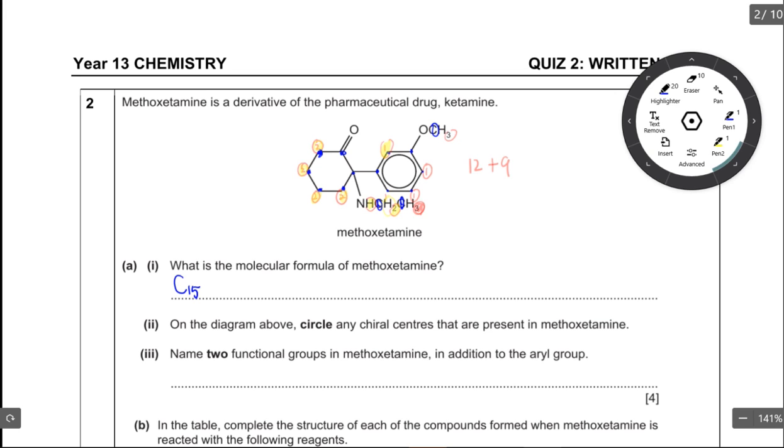Those color highlighted, so I have 12 first, then followed by, over here there are 3 hydrogen.